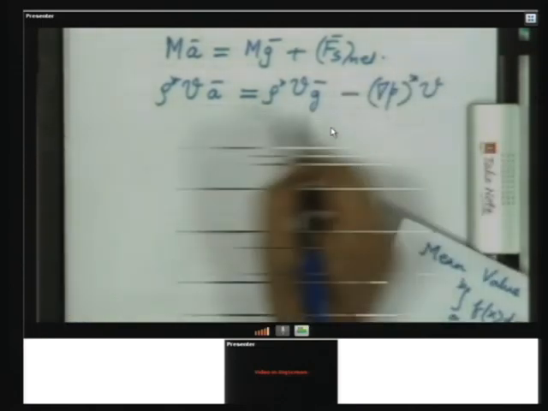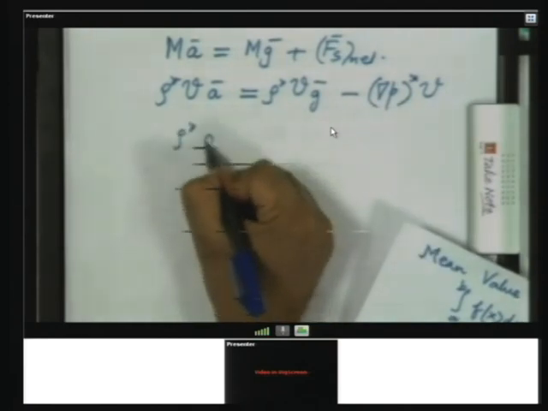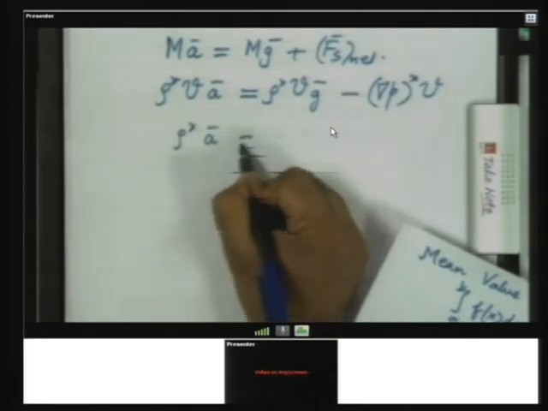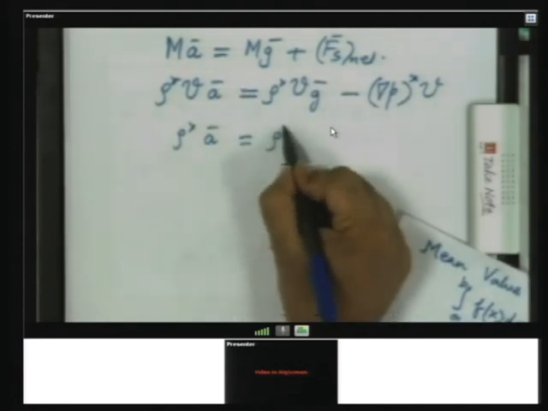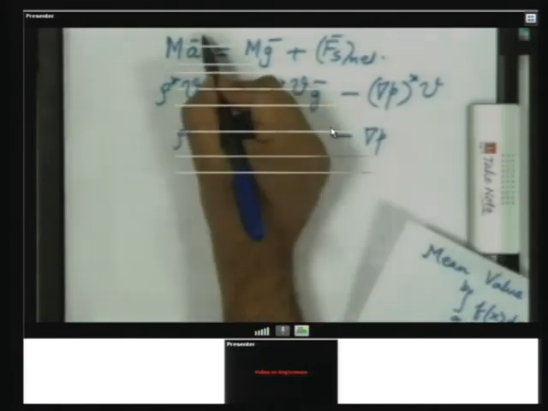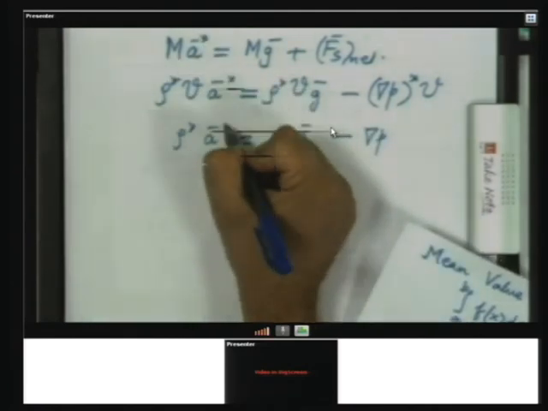Now, if you divide by the volume, you have rho star a, and this a is also some average acceleration, equal to rho star g minus grad p. So, it is better to write a star over here, this being the average acceleration.